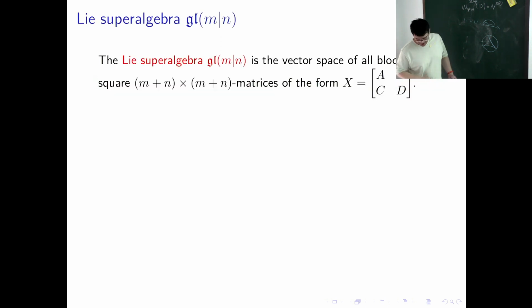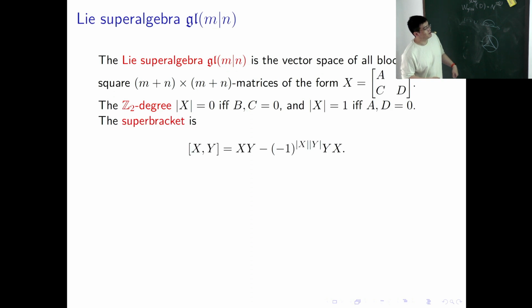And next, following this idea, you can also define it by the Lie superalgebra gl(m|n). So there's the standard definition of the weight system on chord diagrams. You can also associate it to a Lie algebra and a Lie superalgebra.